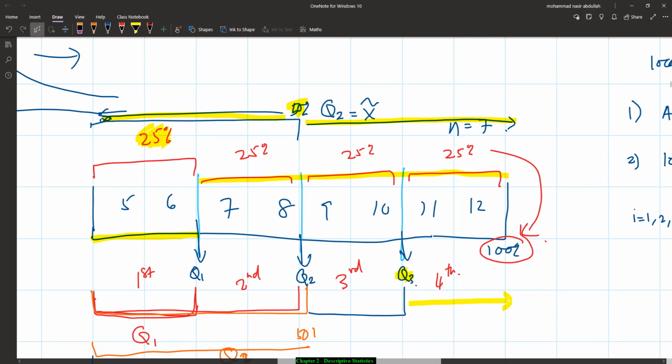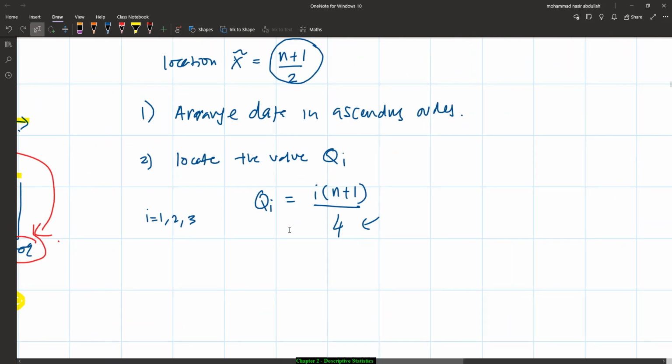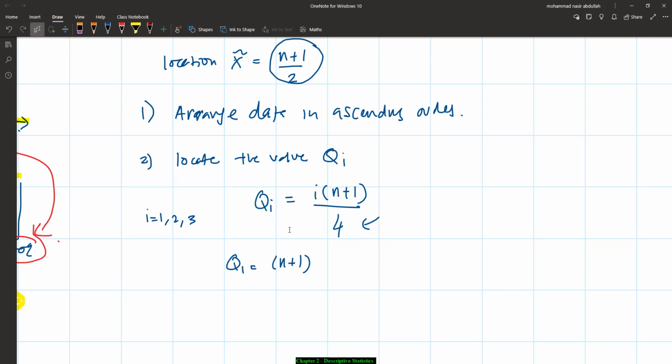Can you understand? So that's why if you want to find the location of quartile 1, it will be 1 multiplied with n plus 1 divided by 4. Quartile number 2 will be 2 multiplied with n plus 1 divided by 4, so this one should be n plus 1 divided by 2, same as median.